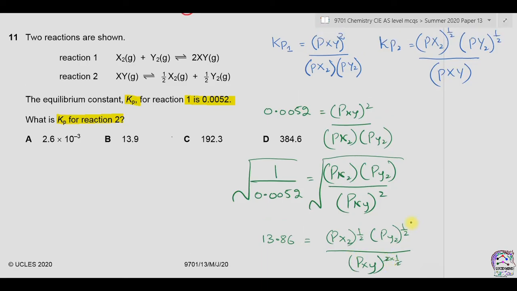Now we can see that this side and this side are actually the same, so we can write Kp2 in place of this equation part. So 13.86 will be equal to Kp2, or we can also round it off to 13.9. So therefore answer is B.